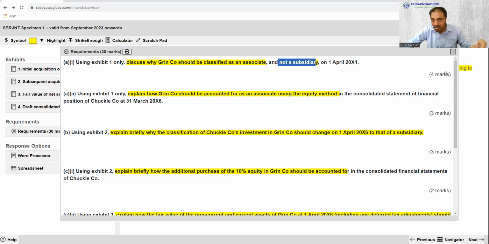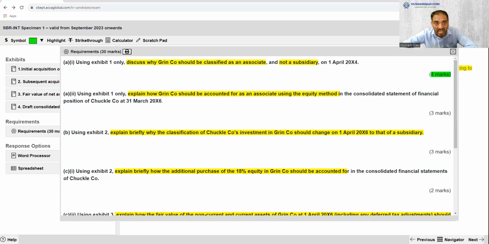Here, the 4 marks requirement is not just about why Grin is classified as an associate. Here the requirement is why not as a subsidiary. So we have to draft the answer by referring to not as a subsidiary and conclude with associate, not only draft the answer as associate. So that is the first requirement.